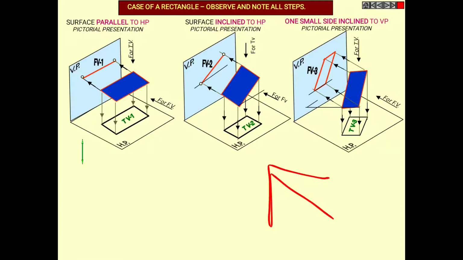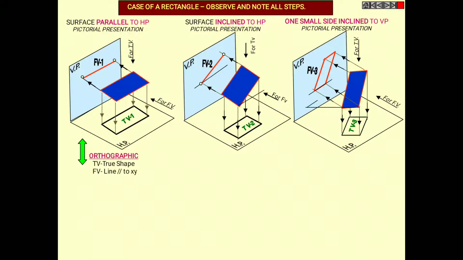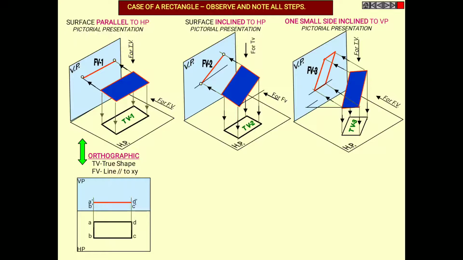So these are the three cases. If you observe the orthographic projections with true shape, TV is your true shape, FV is a line parallel to XY. So this is your front view and this is your top view.